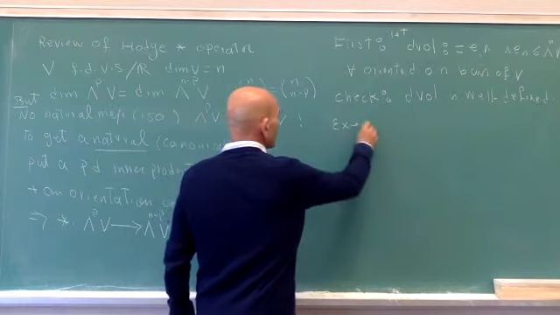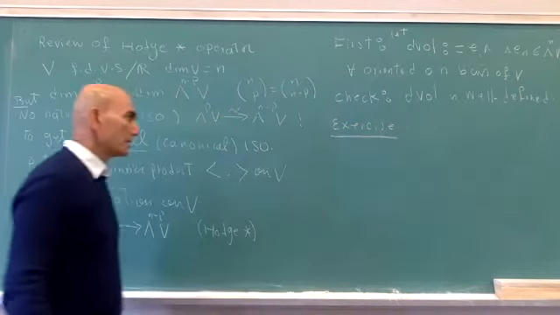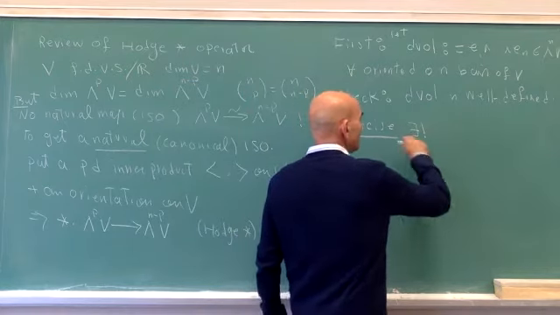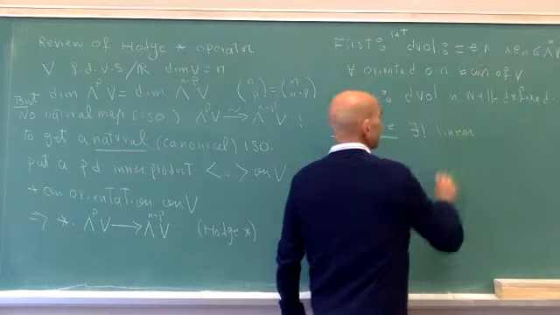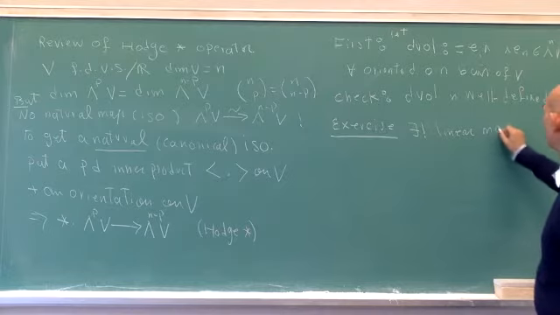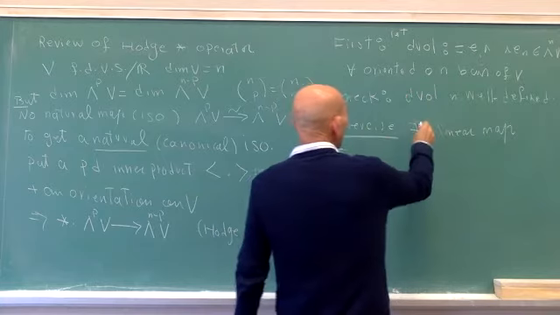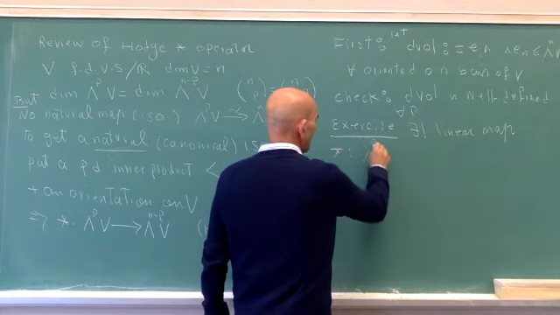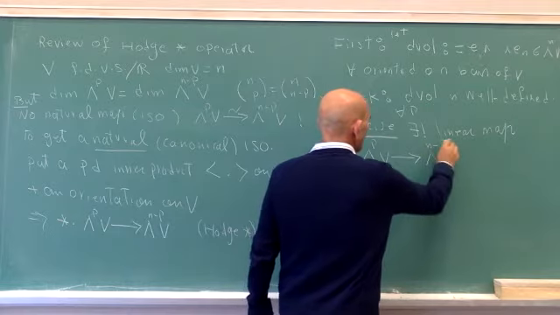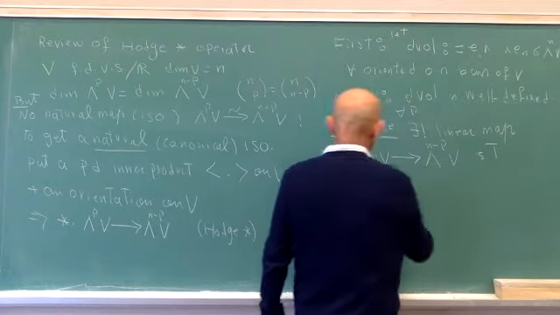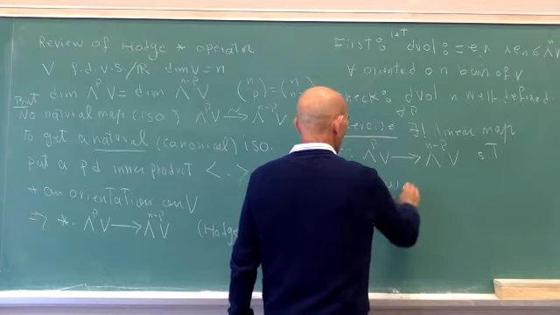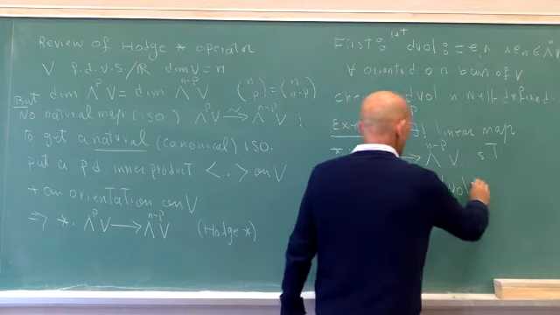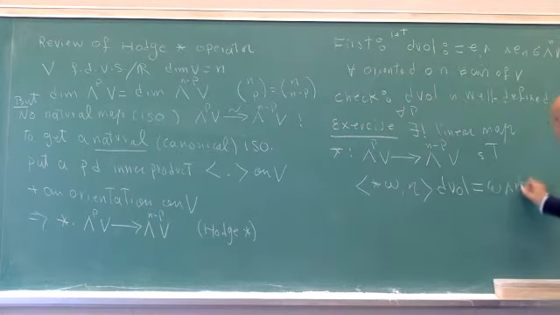Once you have that, then you can prove this lemma, or exercise. The exercise is this. For any P in this range, there exists a unique linear map star from wedge P of V to wedge n minus P of V, such that the inner product of star of omega and eta times d volume is equal to omega wedge eta.